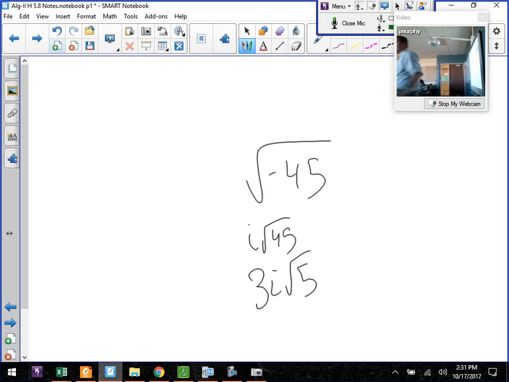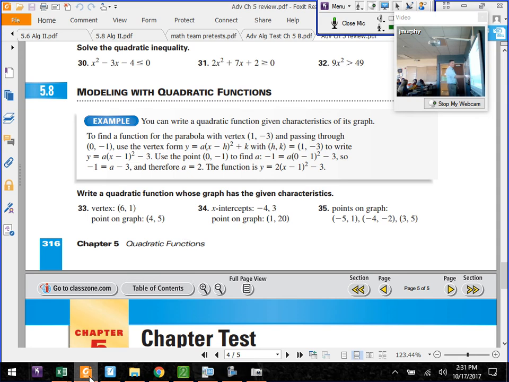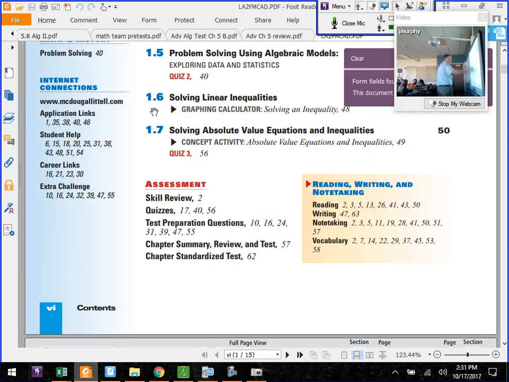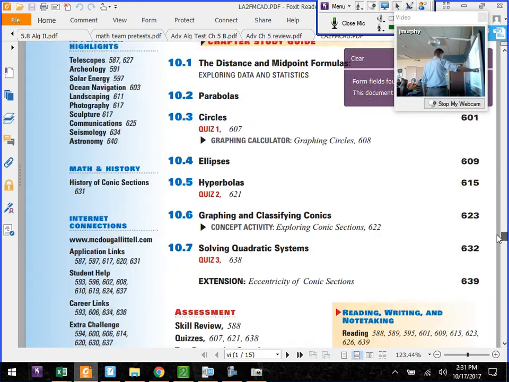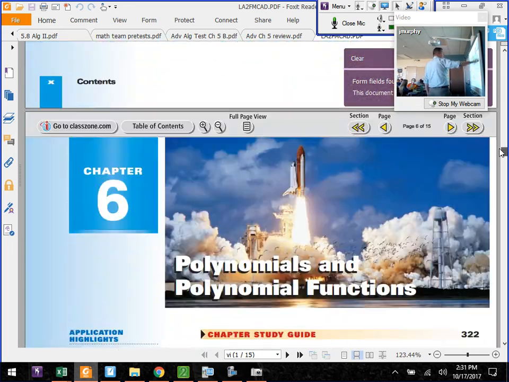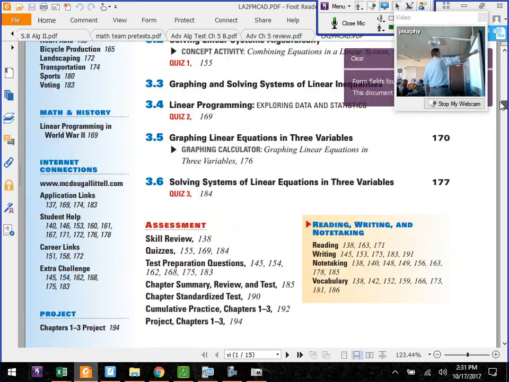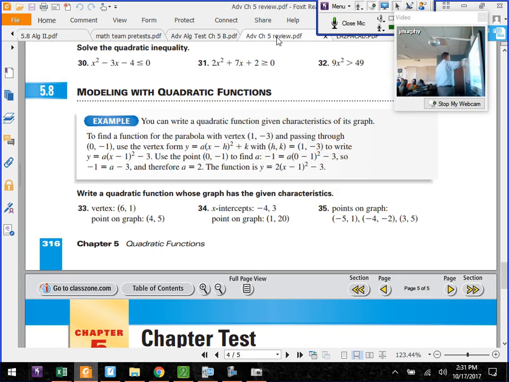What else we got? Yeah, see if I have one laying around. Oh, where did it go? Oh, there it is.